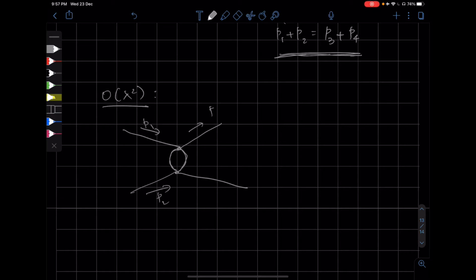So this is P3 and P4. Now, the momentum that is flowing here is going to be, say, P1 minus P3. But this momentum can be divided into two parts. Over here, a momentum K can go, and then on this branch, it'll be P1 minus P3 minus K, so that the total momentum going through the internal lines is P1 minus P3. So this is called a T-channel diagram.